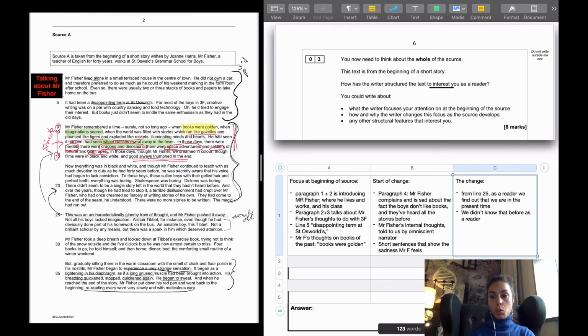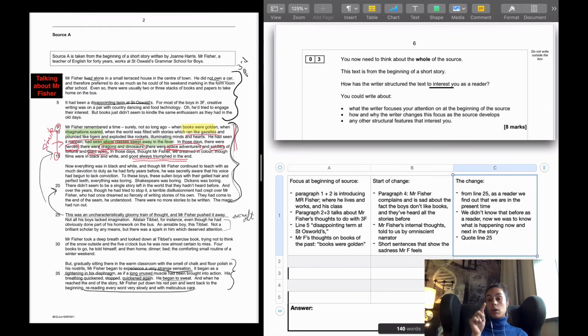So that's good. If we don't know that before as a reader, now we want to know what is happening now and next in the story. And here you can quote line 25, sorry. So put a note, quote line 25.